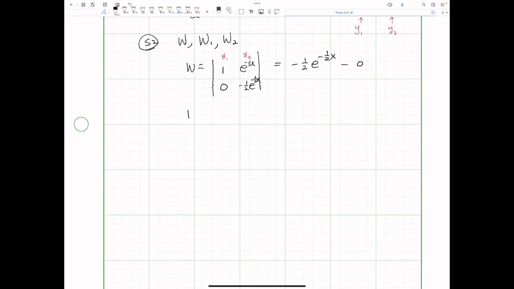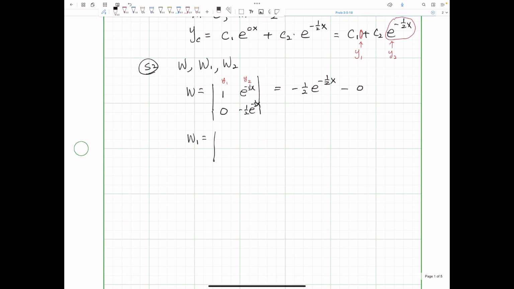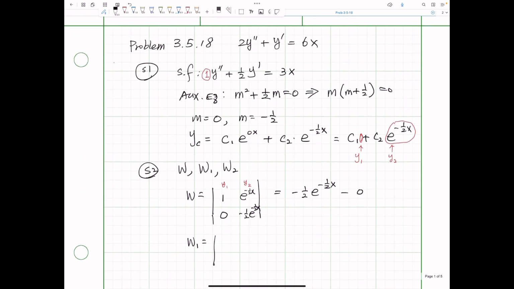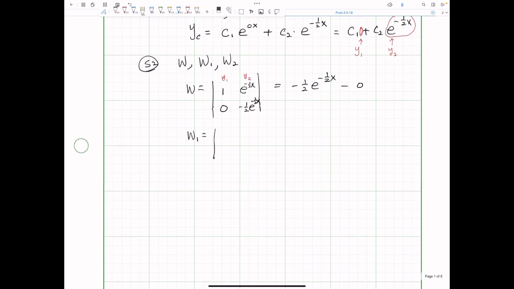And then for W1, in the first column, we're going to put 0 and the right-hand side of the equation. So the first column, I have a 0 and 3x. And then the second column is the same.